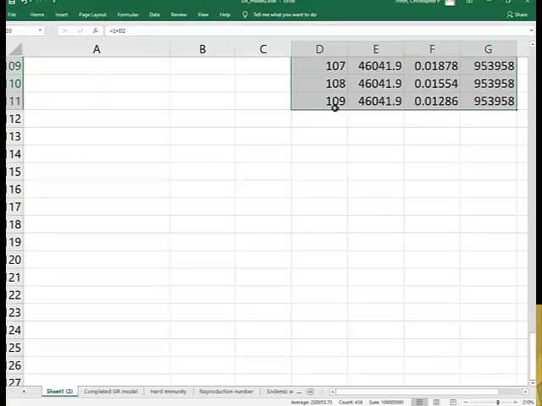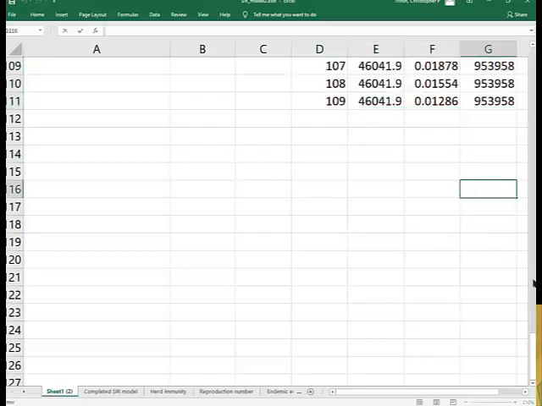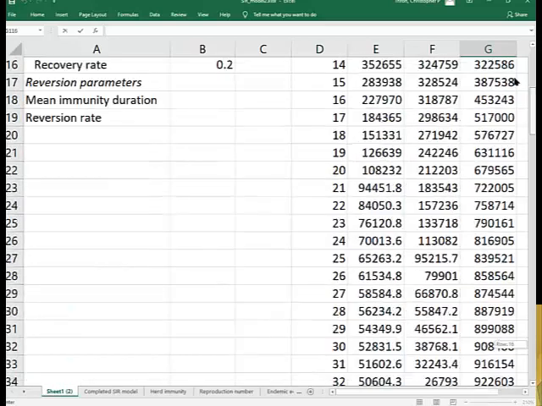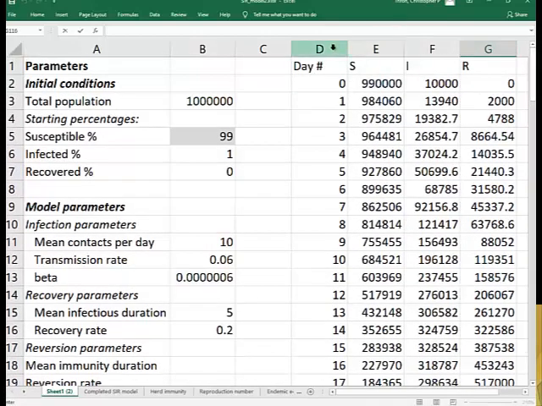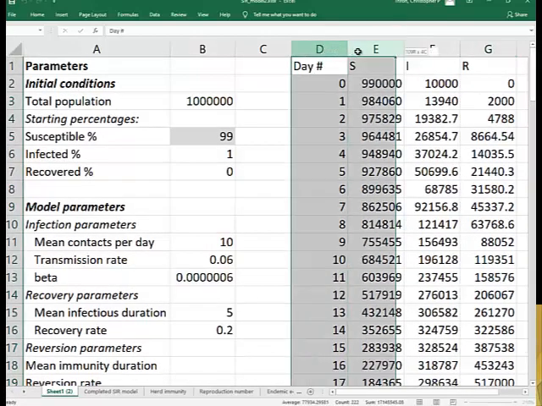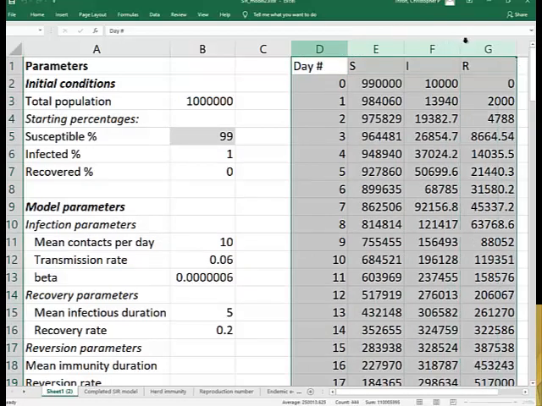Okay. Now you can see that by the end of my time, after 109 days, I still have 46,000 susceptibles, very few infected, and most are recovered. All right, so let me go back to the top. I'm going to select these columns here, and I'm going to insert a plot.